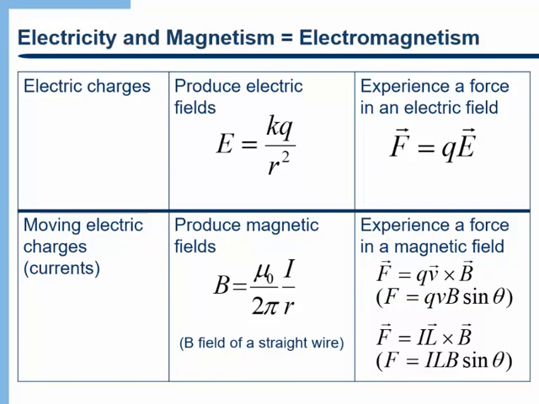Or if instead it's a current, then that in a magnetic field experiences a force. Okay? So moving charges create magnetic fields. A moving charge in a magnetic field experiences a force. Okay? So make sure that you understand this table.